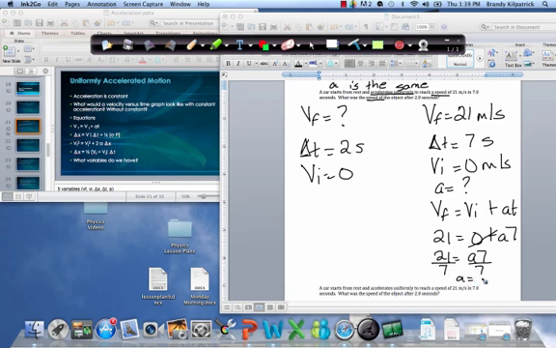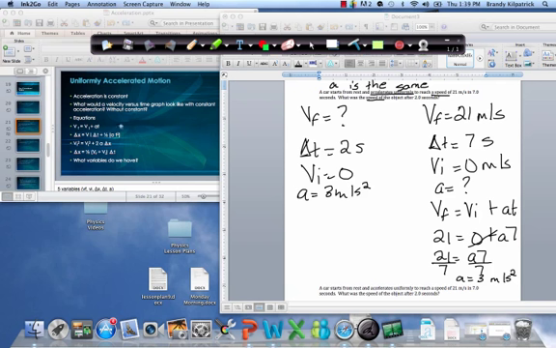To get acceleration by itself, I'm going to divide both sides by 7. So my acceleration in this case is 3 meters per second squared. Remember, your acceleration is going to be the same because it says it accelerates uniformly throughout this movement. So my acceleration over here is also equal to 3 meters per second squared. Now I have 3 variables. I can solve for this one.